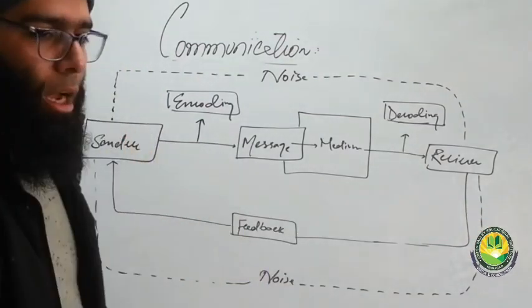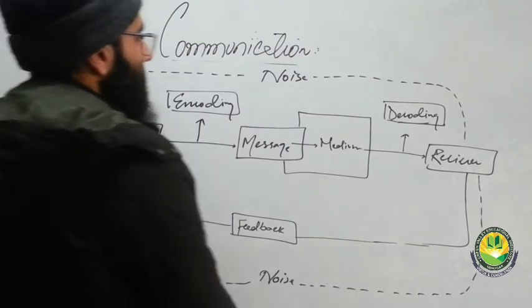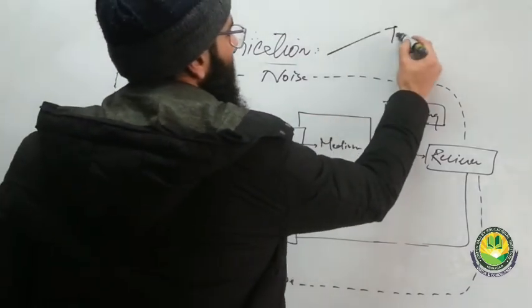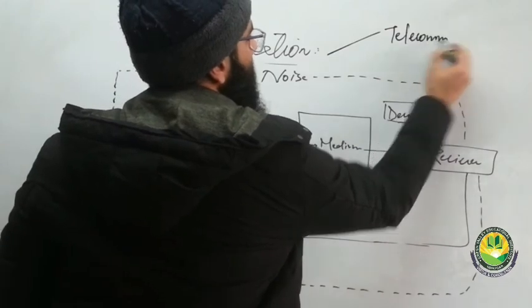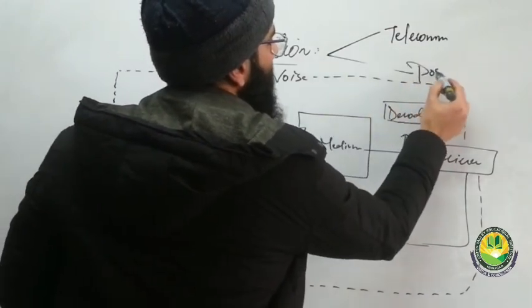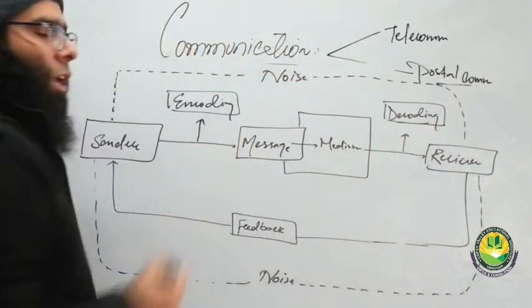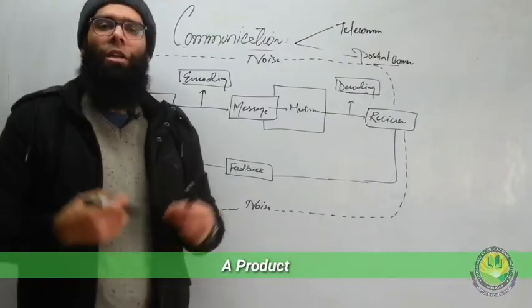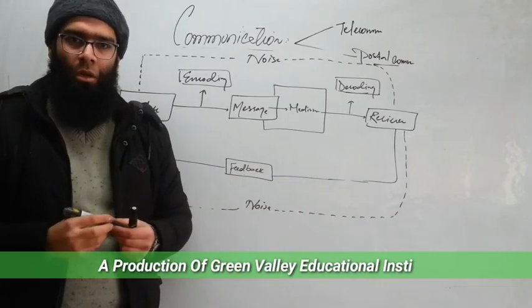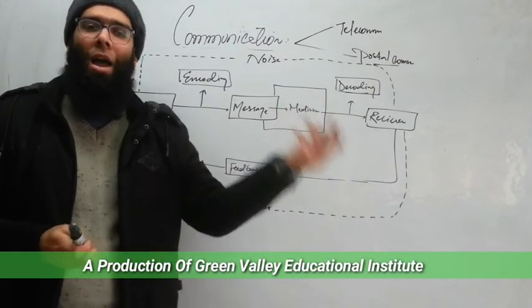And as far as communication is considered, we can have telecommunication and we can have postal communication. Telecommunication, as we are all aware of, is where telecommunication devices are used through wireless or wired networks.